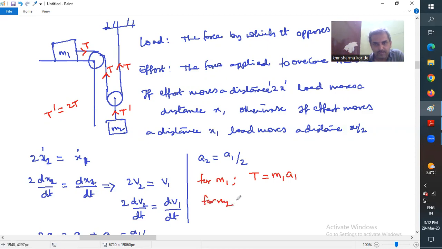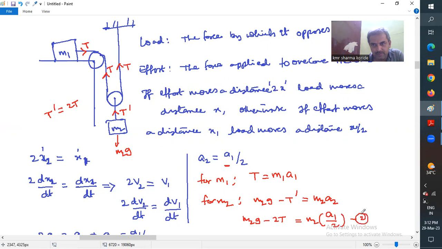For m2, m2g is moving down, so m2g minus T dash is equal to m2a2. Then you can incorporate a1 by 2 here. But what is T dash here? T dash is 2T. So m2g minus 2T is equal to m2 times a1 by 2.